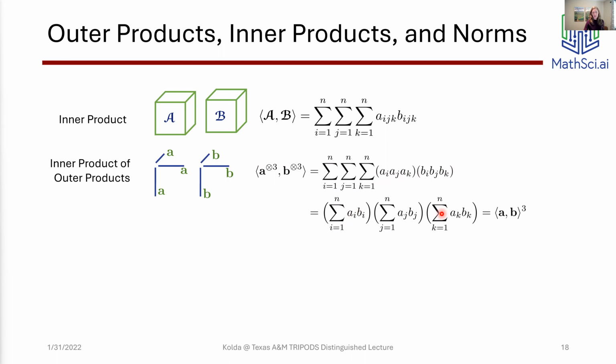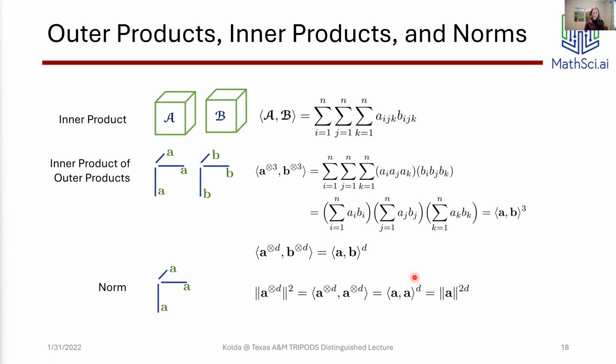If we rearrange terms, this expensive-looking dot product with n cubed entries reduces to just a dot product of 2 vectors raised to the 3rd power. That's a big simplification that will turn out to be important later in the talk. And this is true for any order d, not just 3rd order.